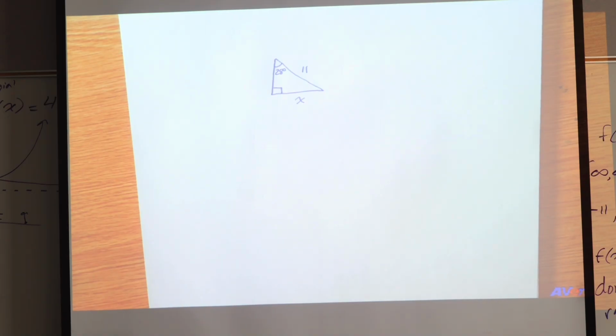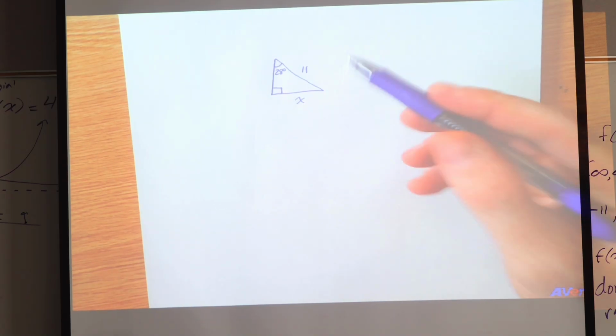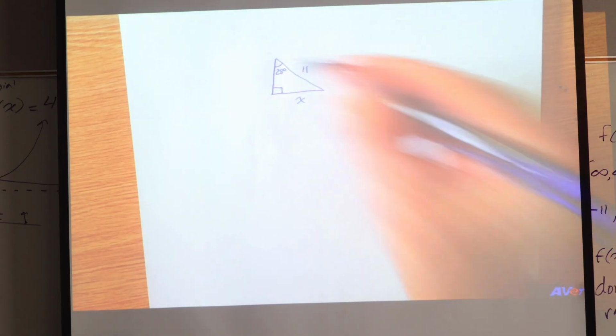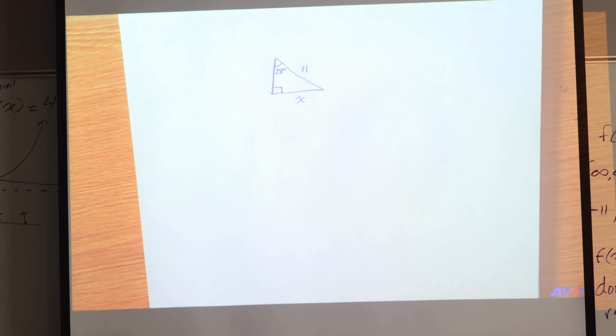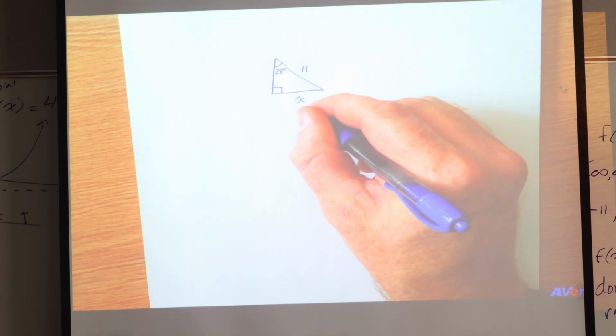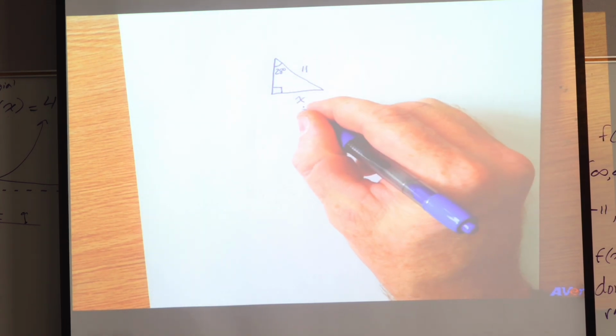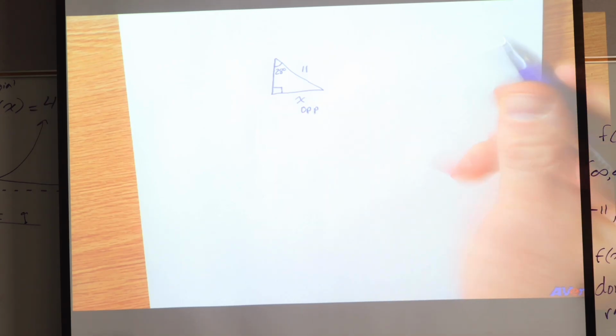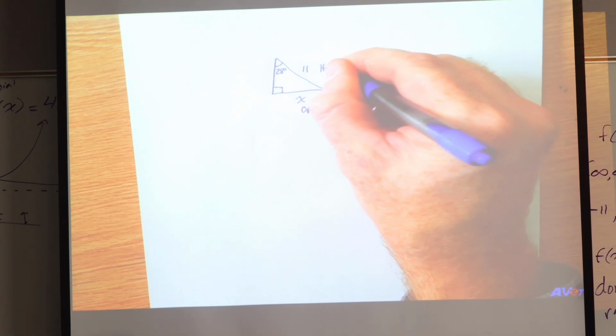Now, a couple things that we keep in mind. This is the angle that's given, so that is our reference angle. So from this angle, I like to label what this is. Given this reference angle, this is going to be our opposite, and this is going to be our hypotenuse.